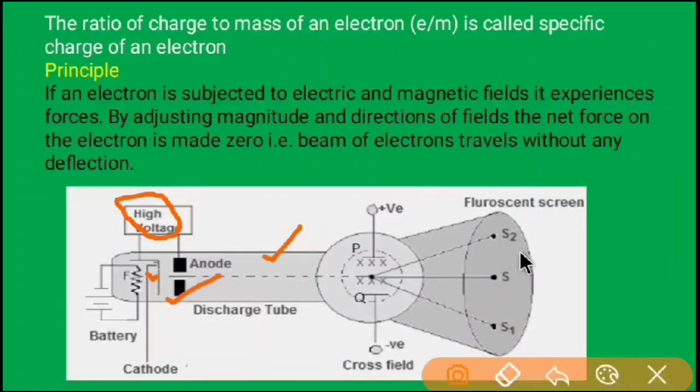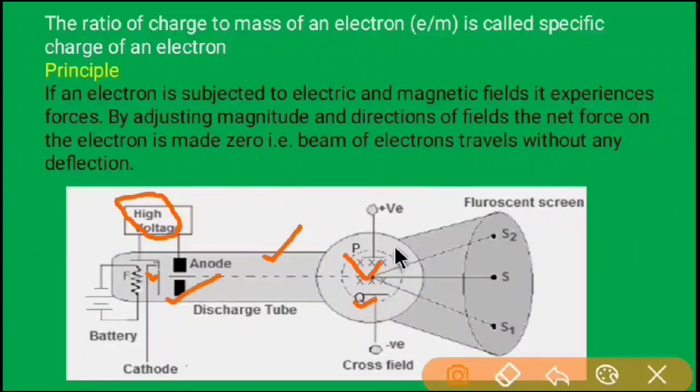The electron strikes the fluorescent screen at point S when electric and magnetic fields are absent in this region. In this region, we can find two parallel plates: the upper plate P that is connected to the positive terminal of a supply, and the lower plate Q that is connected to the negative terminal of a supply.